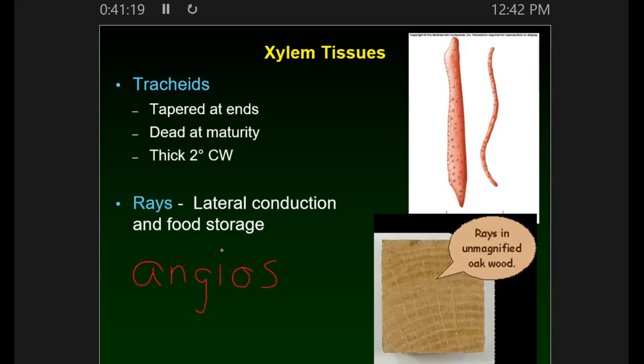And they can be quite savvy about it. So I'll explain more when we get into water movement, but at some parts of the growing season, they will say, I'm putting down vessels. That's my best bet. And then other parts of the season, they'll go, I think I'm going to mix in some tracheids here. And so angiosperms have the ability to have this flexibility. I can do vessels, I can do tracheids. And so you'll see both types in the angiosperms.